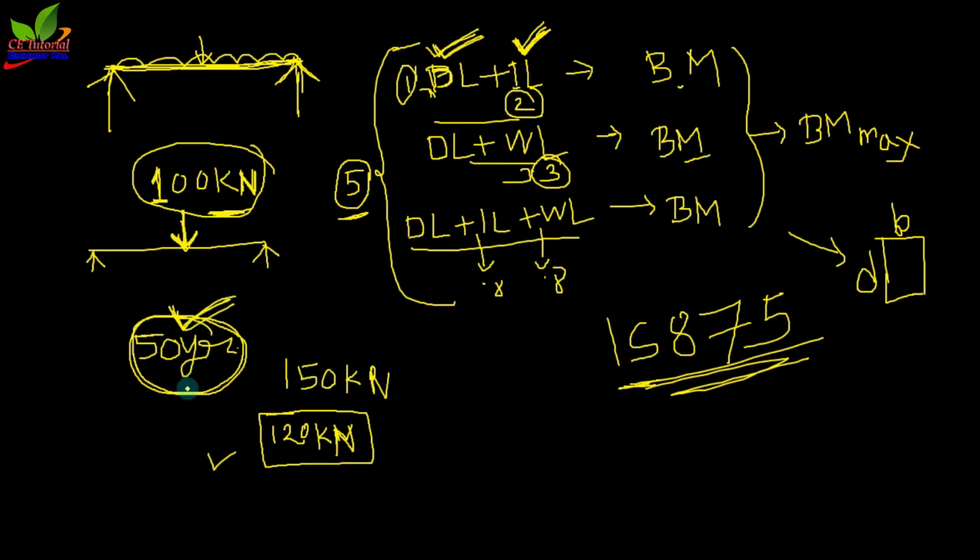So when load is applied on a structure, what is the result? The result is nothing but stress: bending stress, shear stress, direct stress, torsional stress, like that. Various types of stress are there, but the actual result is stress.